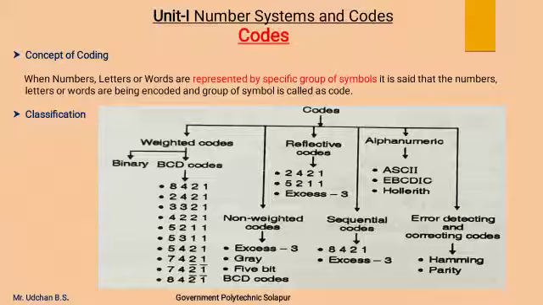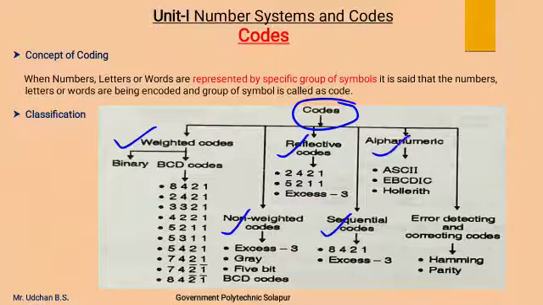Here we can see the classification of codes, which are classified into weighted codes, non-weighted codes, reflective codes, sequential codes, alphanumeric codes, and the last one is error detecting and correcting codes.